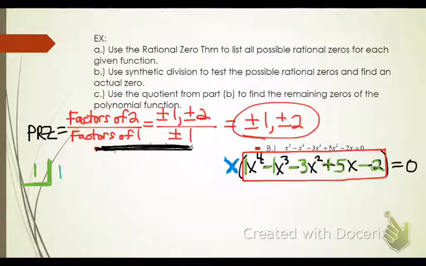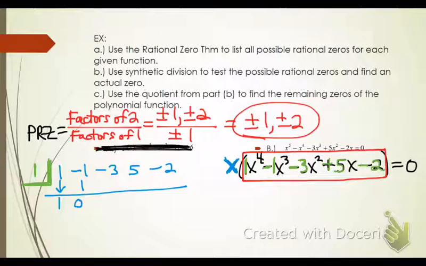So let's use these coefficients: 1, -1, -3, +5, and -2, and let's do synthetic division. Drop down the 1, multiply, add, multiply, add, multiply, add.